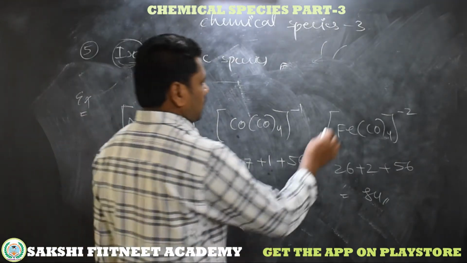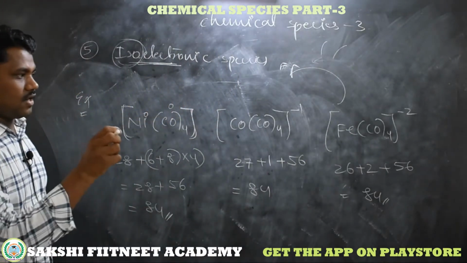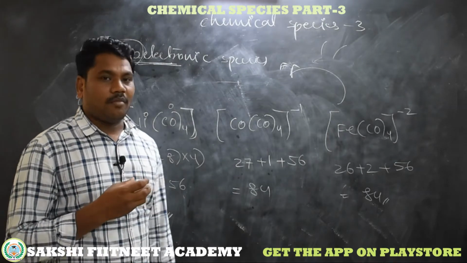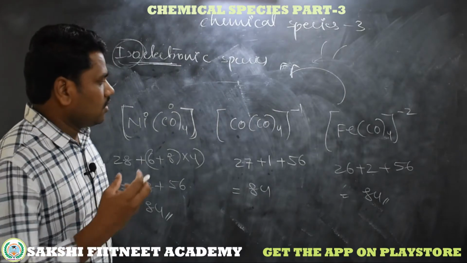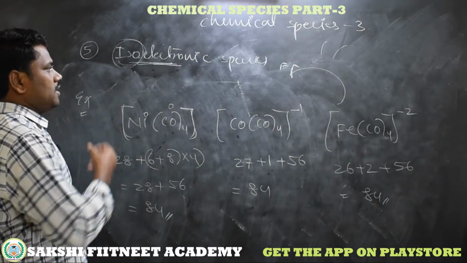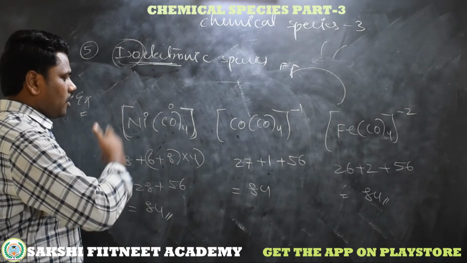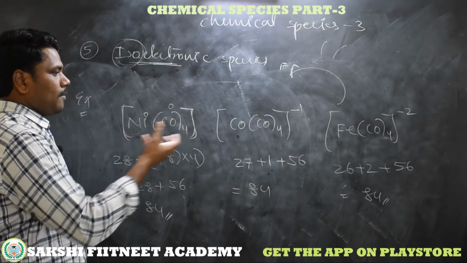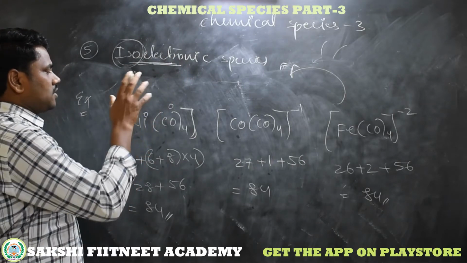So these are isoelectronic species. Now we'll discuss based on the valence electrons. A fragment, which is an atom, ion or compound, having the same number of valence electrons, is also called isoelectronic. Here we have two definitions. One is according to the total number of electrons: the set of compounds, ions or atoms which have the same number of electrons are called isoelectronic.